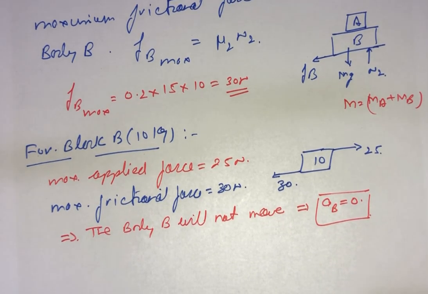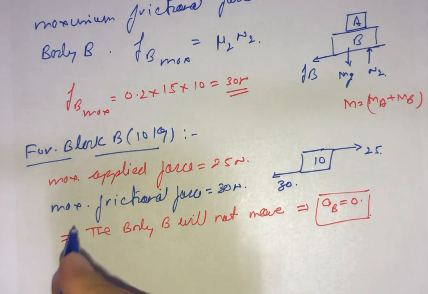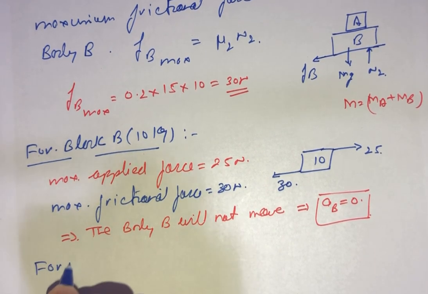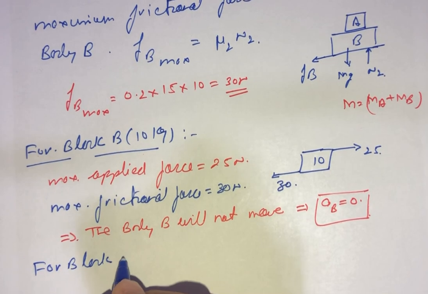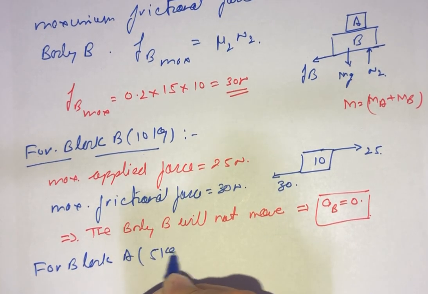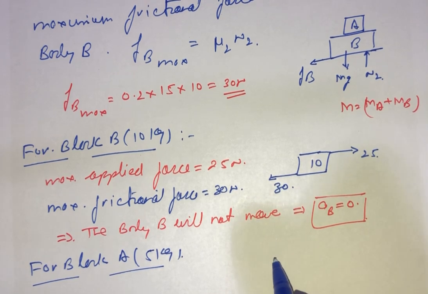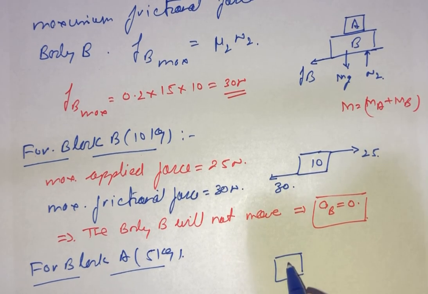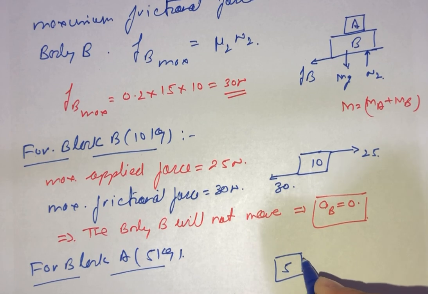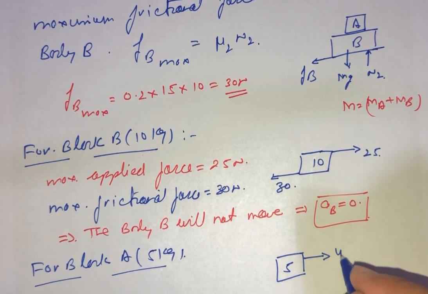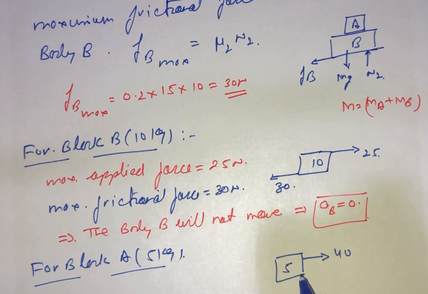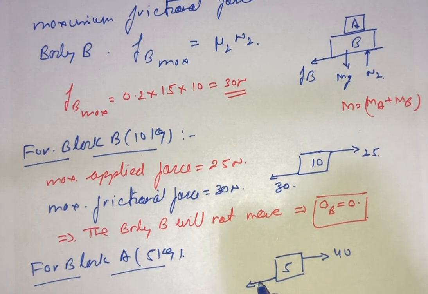Next we find out for block A, which is of 5 kg. This is block A of 5 kg, and we have a force of 40 Newton, and it is given as 25.